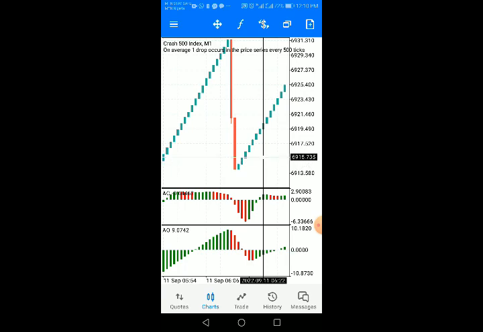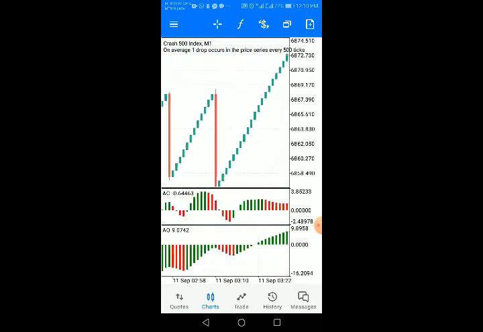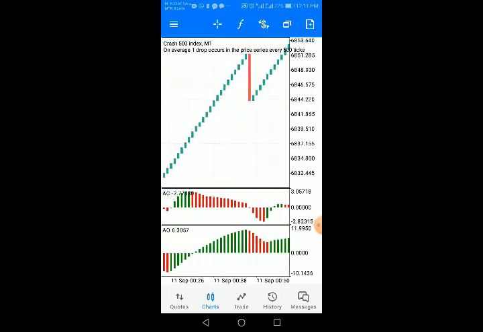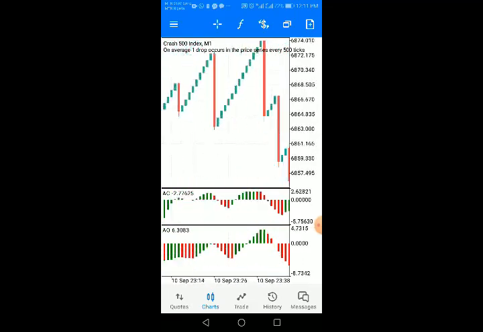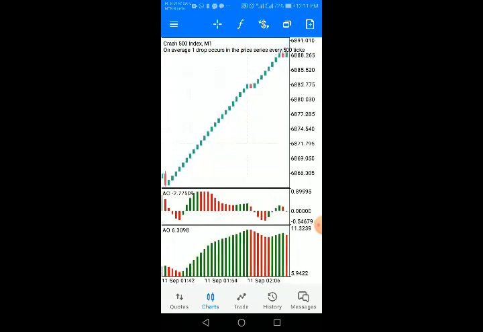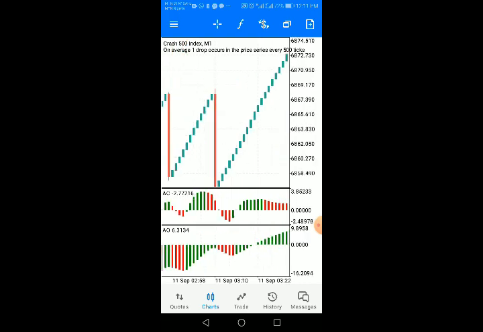You can just set your lot size in a way that at the end of the day you're having $1 per candle on each of them. So that's it, guys. You can see the strategy is simply amazing. It's simply very, very profitable. So just stick to it. Make sure you stick to picking just one candle and entering with a lot size that is not too big and not too small.